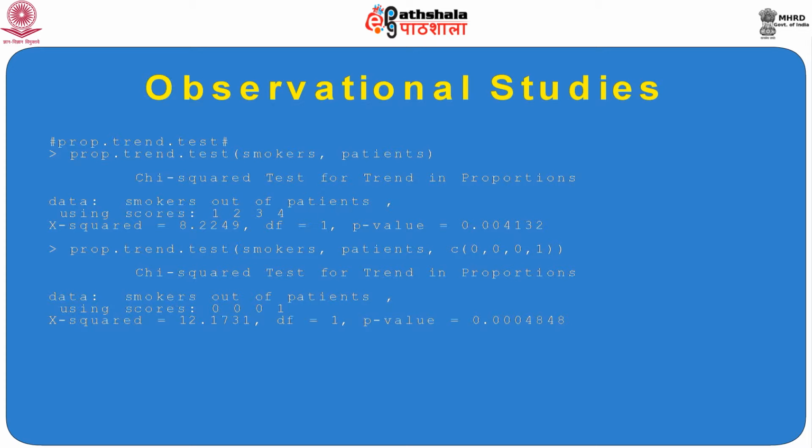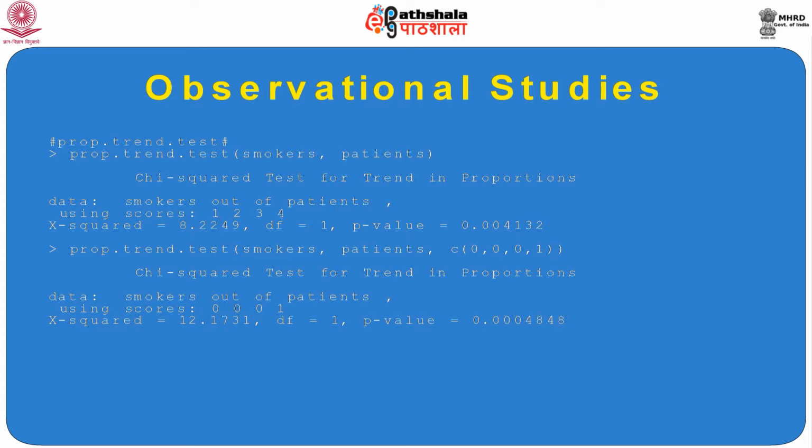Now the score for the first individual is considered 0 and the fourth one is considered 1. In that case the chi-square value is 12.17 and the p-value becomes more significant, 0.00048848.